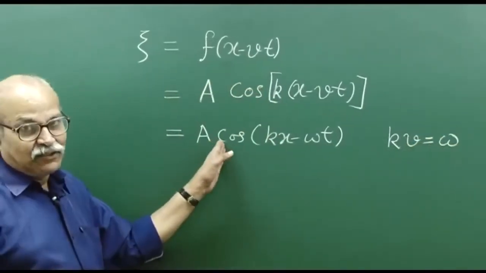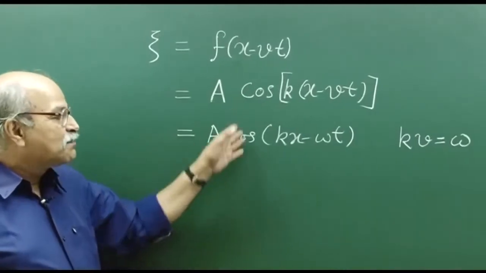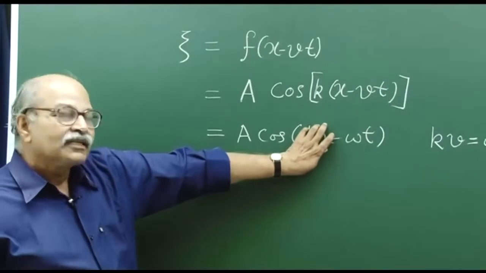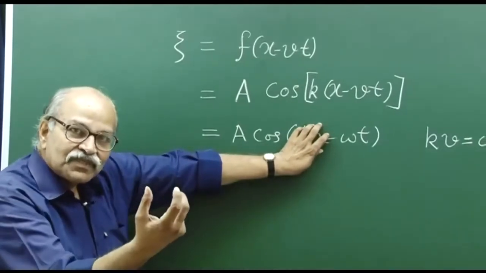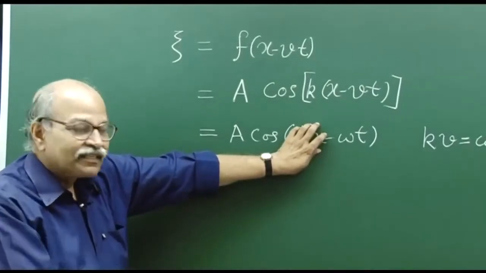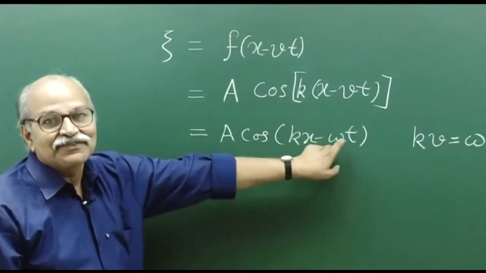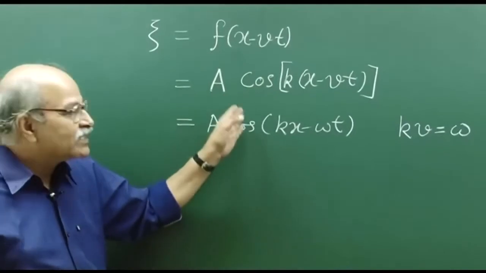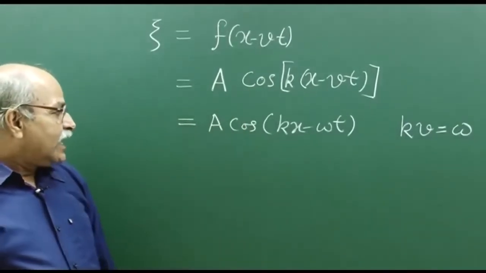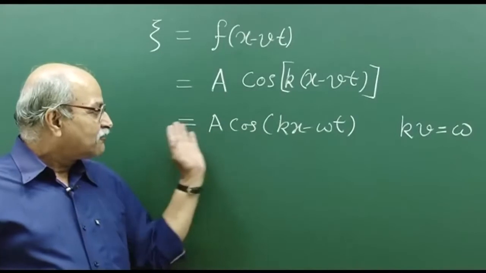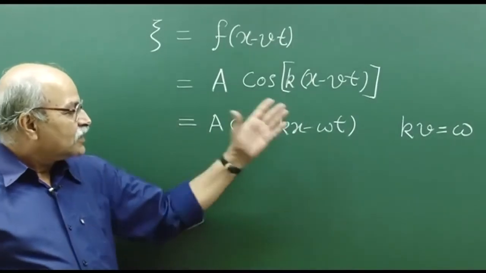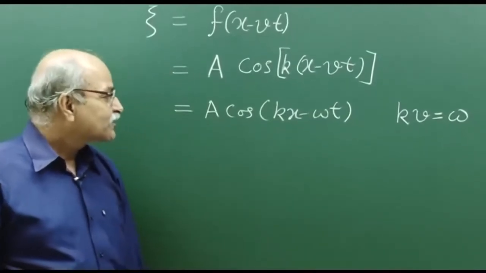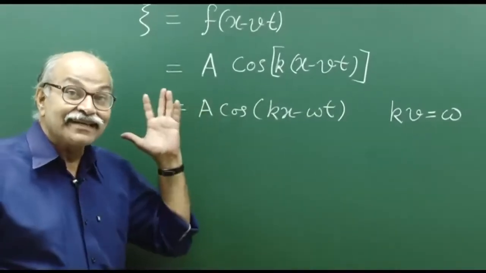Now this you are familiar with. There is a kind of simple harmonic oscillations. If you fix some x in your medium, some small portion, so fix that x, it varies with time, and that oscillation is simple harmonic oscillation. And if this is the kind of wave, then it will have a periodicity in space and a periodicity in time.